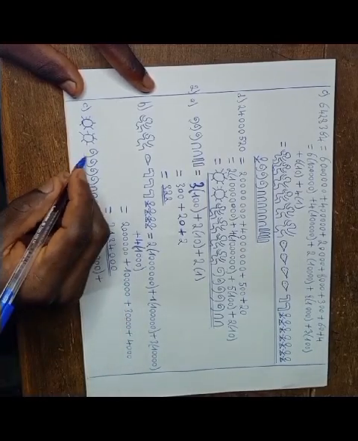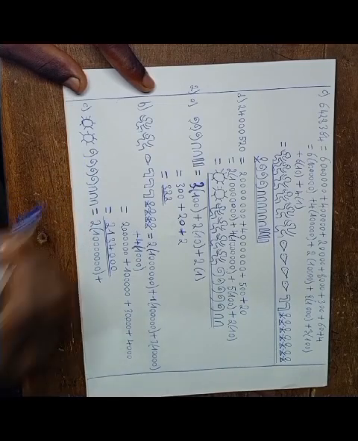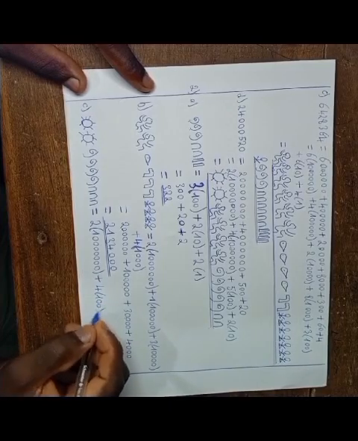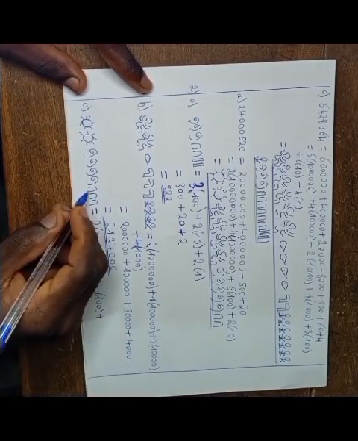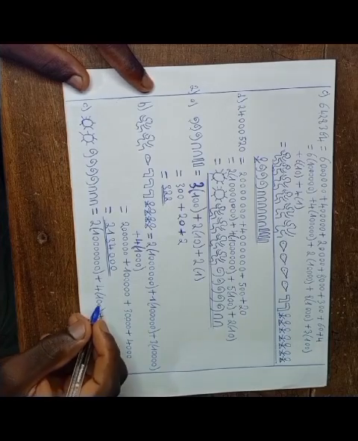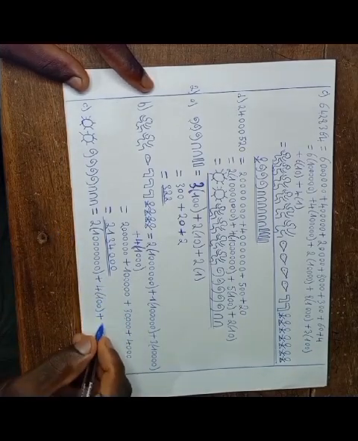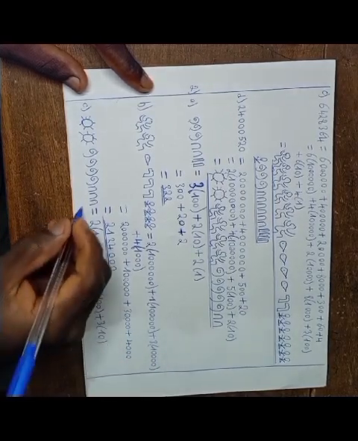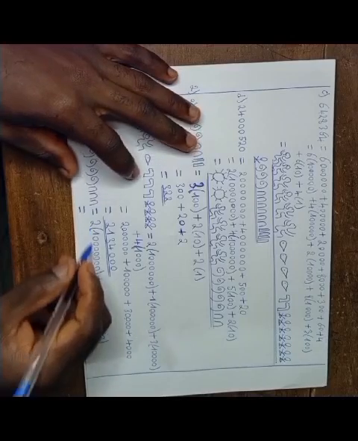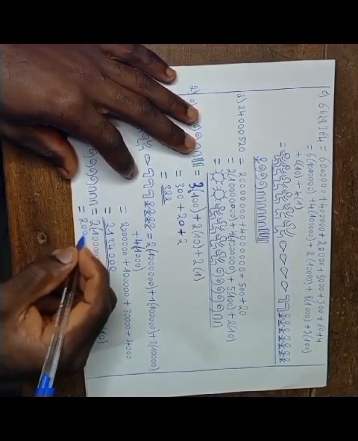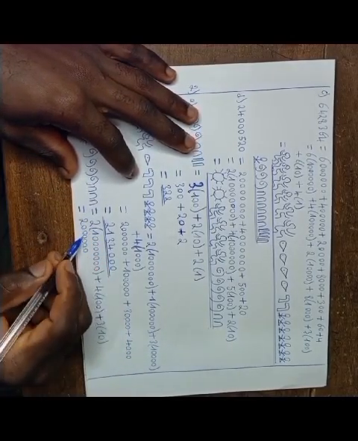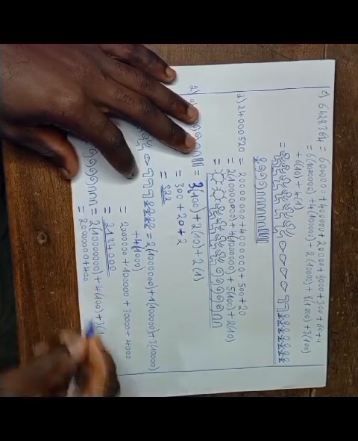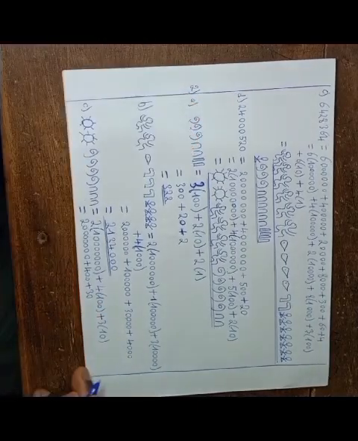Plus, we know a spiral represents the number 100. 1, 2, 3, 4. We have 4 spirals. So plus 4 times 100. Then plus, we know the hell bone represents the number 10. So we have 3 hell bones, 1, 2, 3, plus 3 times 10. This will give us 20 million plus 400 plus 30.